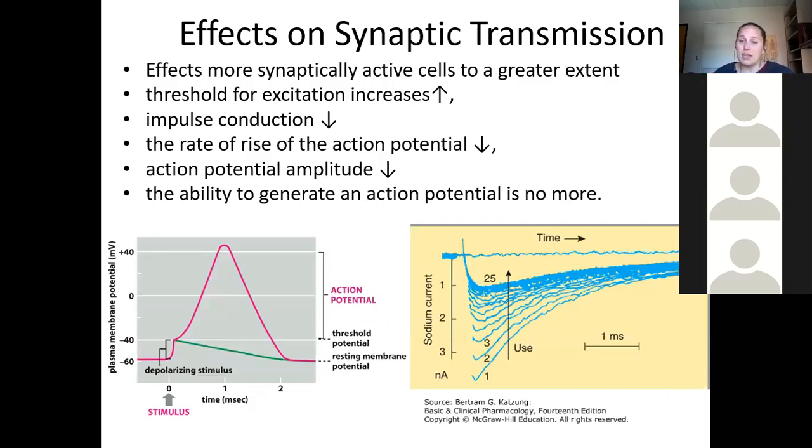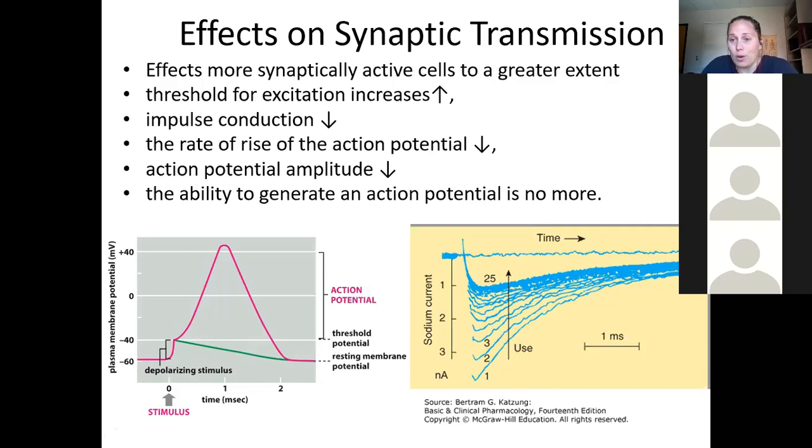Okay, so the effects that it has on synaptic transmission: because sodium is no longer able to flux into the cell, it's going to alter synaptic transmission. Again, we saw this figure prior when we were talking about intro to CNS, and this depolarizing stimulus here is mediated by the influx of sodium ions. If you're blocking that channel, you no longer have that depolarizing stimulus. So the threshold for excitation is going to increase.